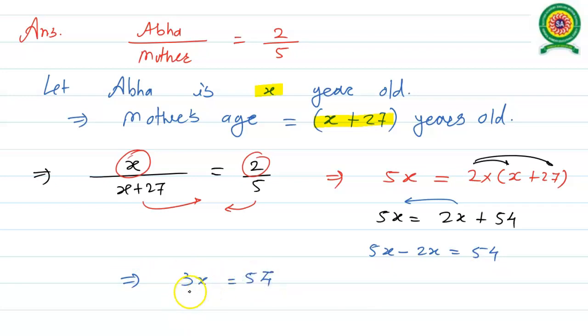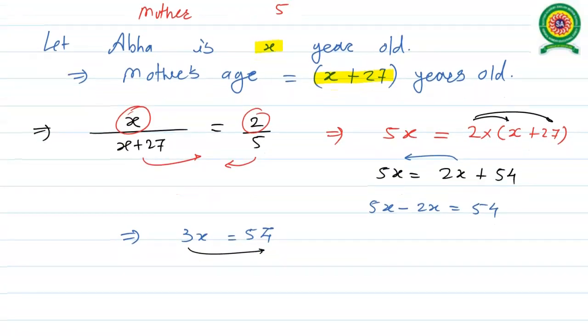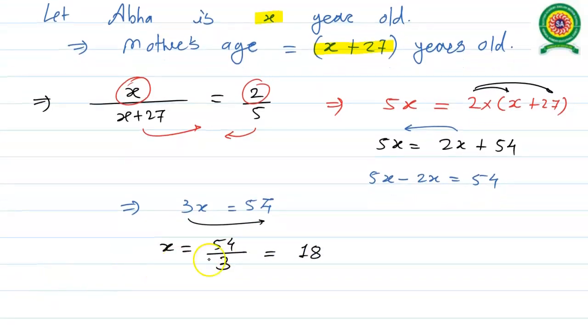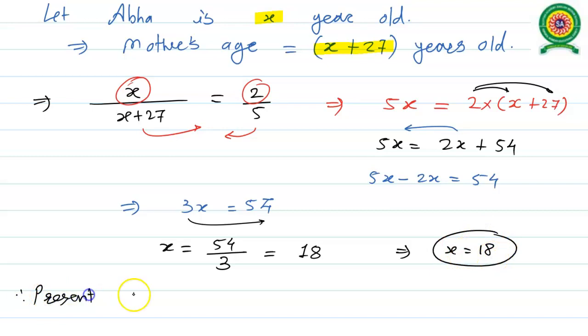Now to evaluate the value of X, shift 3 from LHS to RHS. 3 is a multiplier, after shifting it becomes a divisor to 54. Now 3 ones are 3 and 3 eights are 24. So X is equal to 18, and X is the present age of Abha. Therefore, the present age of Abha is 18 years.